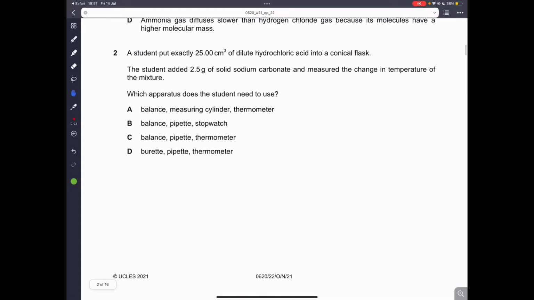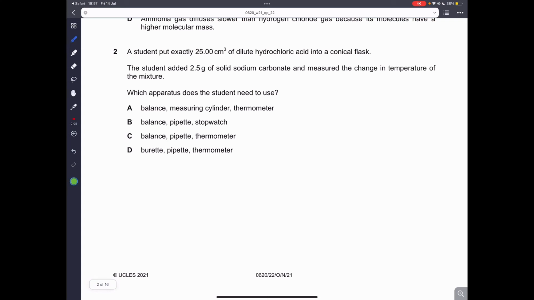Question number 2. A student put exactly 25.00 cm cube of hydrochloric acid into the conical flask. The student then added 2.5 grams of solid sodium carbonate and measured the change in temperature of the mixture. What apparatus does the student need to use? So this is the apparatus.